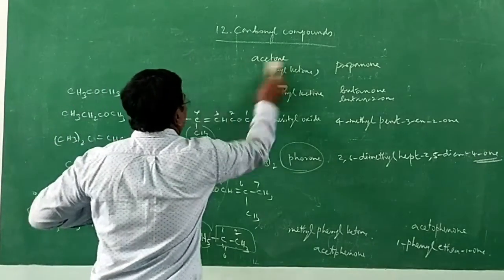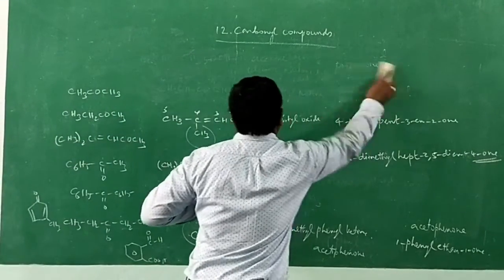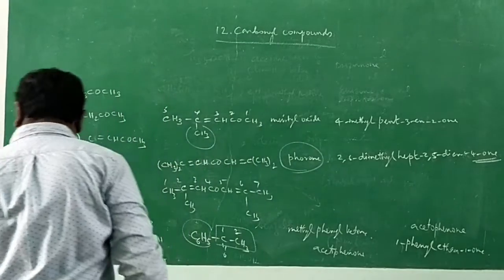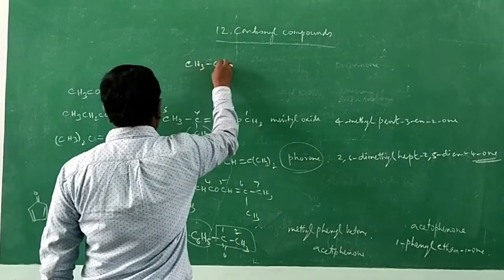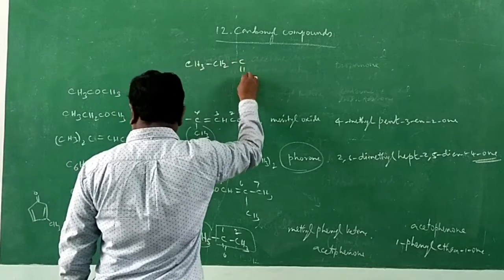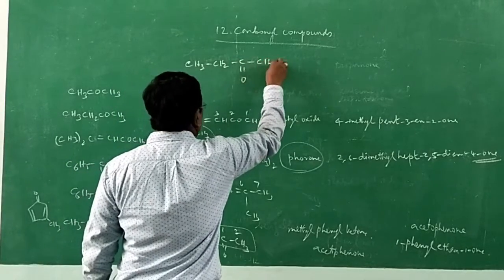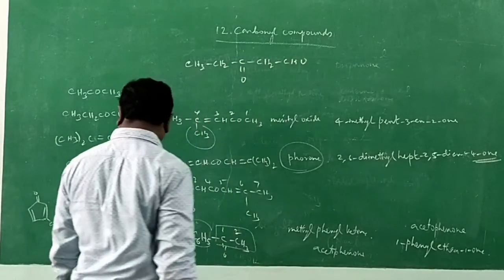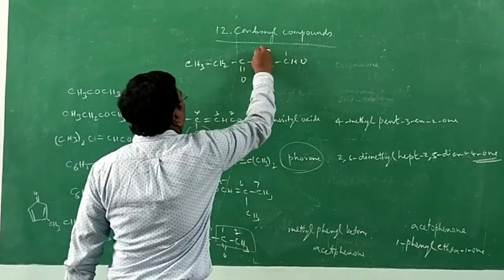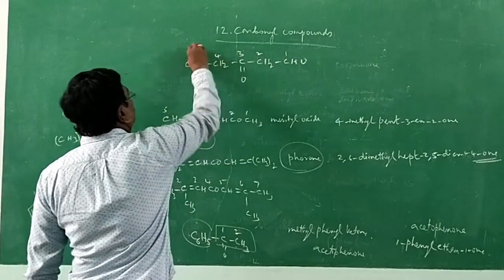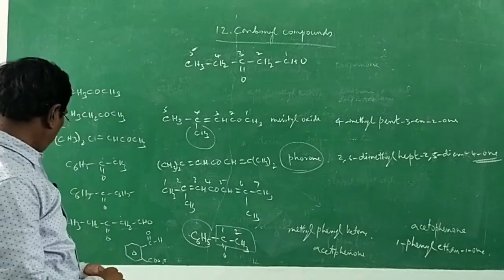Let me rub this. CH3, CH2, C double bond O, CH2, CHO. What is the IUPAC name? 1, 2, 3, 4, 5. Totally 5 carbon atoms.